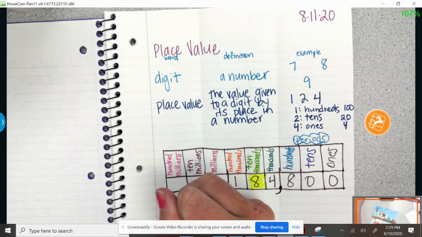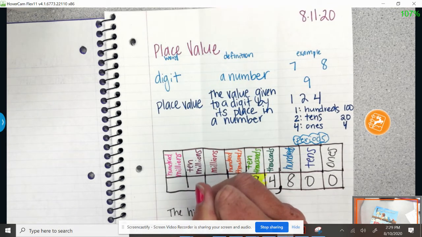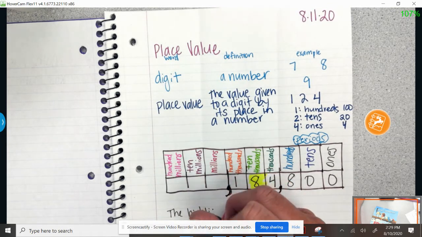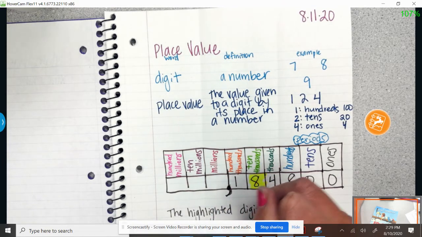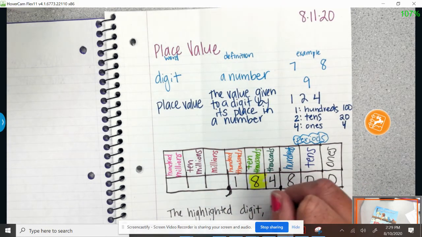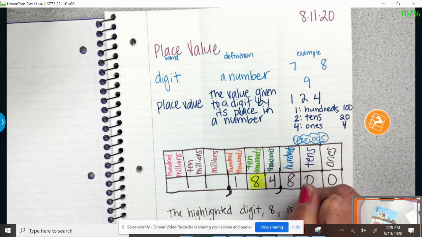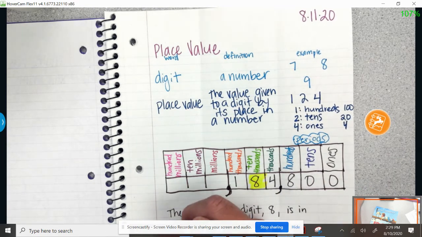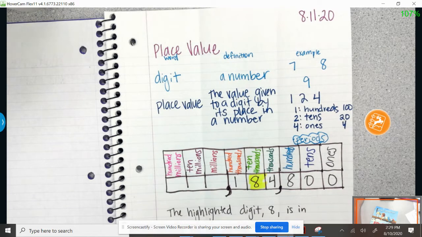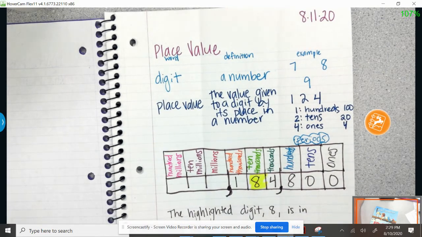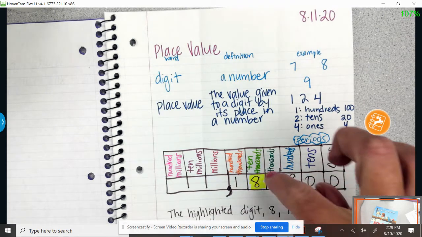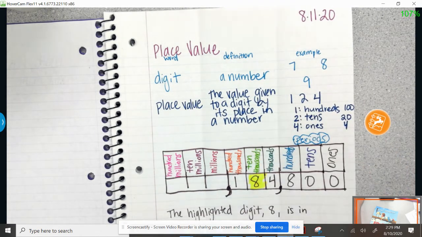So the highlighted digit 8 is in the, what place is that? Okay, so what place would that be in? Well, luckily it's in our chart, and we see it in the light green.